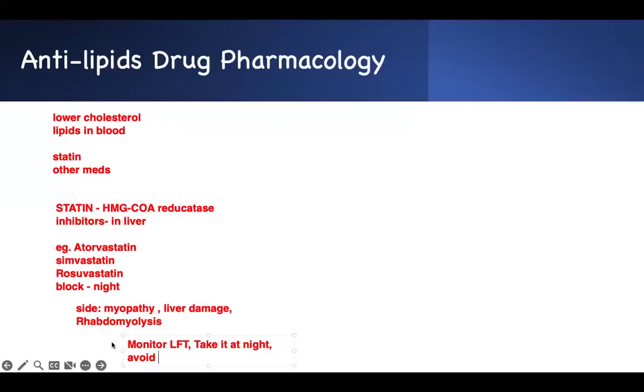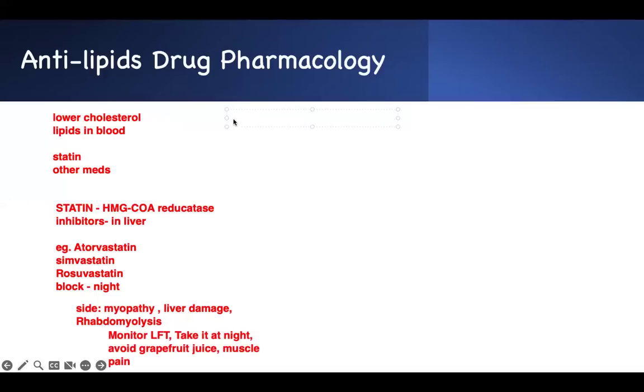It will increase the medication level and cause toxicity. So avoid grapefruit juice. And monitor for muscle pain as usual. This is the teaching you provide for a patient taking this medication. That's the first one. This is a classic NCLEX question.